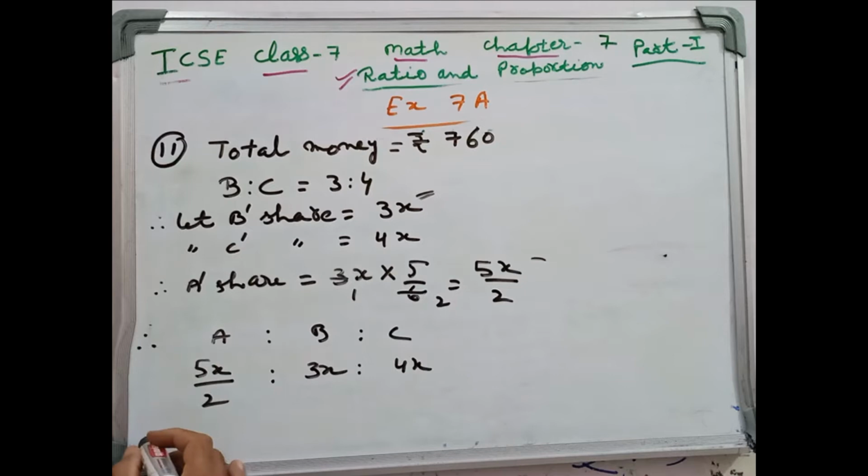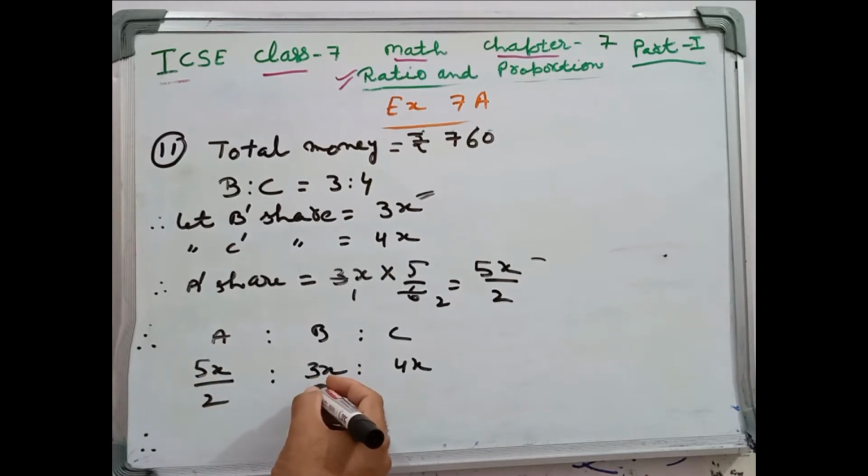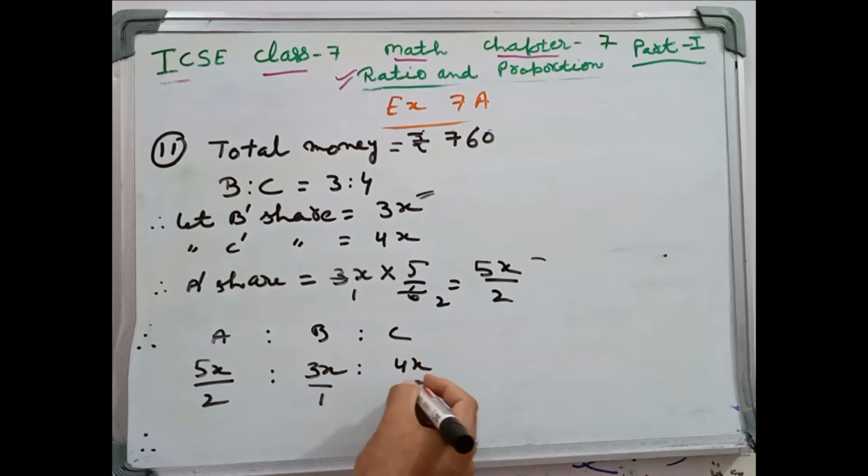Right? So this is carrying denominator 2. They are not having any denominator, so we can put 1 there.